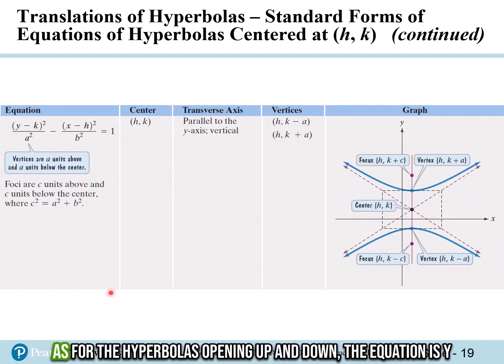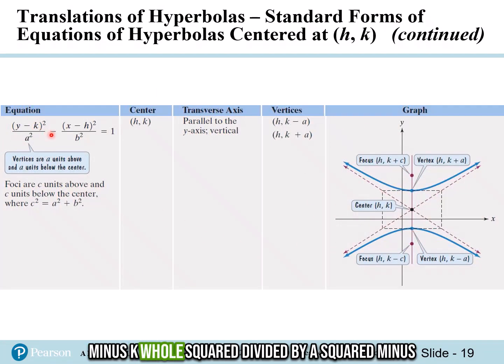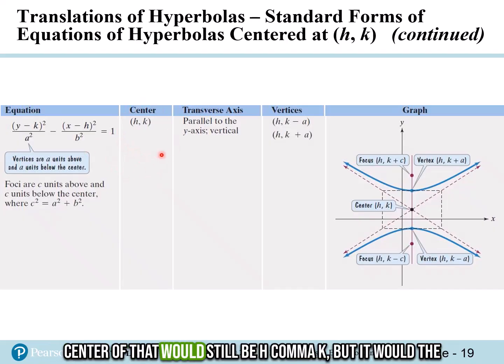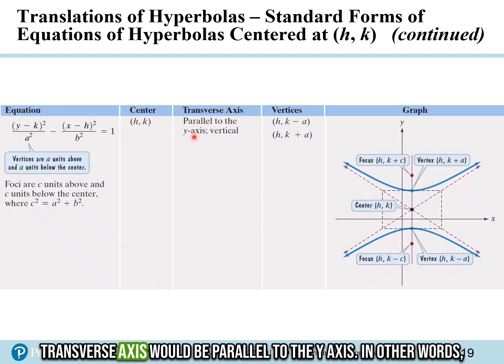As for the hyperbolas opening up and down, the equation is y minus k whole squared divided by a squared minus x minus h whole squared divided by b squared equals 1. The center of that would still be h comma k, but the transverse axis would be parallel to the y-axis.